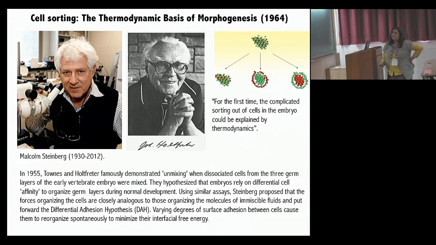And so Steinberg and Holtfreter, who performed these experiments, suggested that this ability of cells to unmix or sort out from each other must rely on some differential affinity that these cells have for each other.